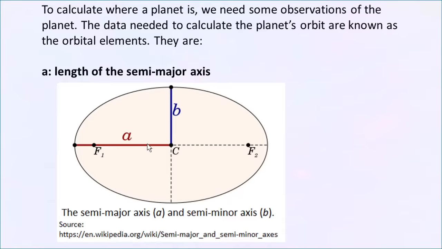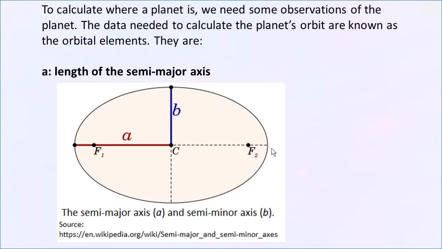Semi-major axis just means we go to the center of the ellipse. There is a center to the ellipse, a perfect center. That's not where the sun is, right? The sun is off to one side or the other. But there is a center. From that center of the ellipse, we'll measure the long way, which has an a here. And that is the semi, meaning half, of the major, the larger, axis.